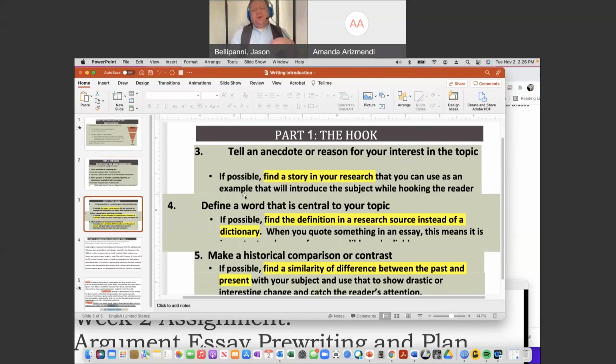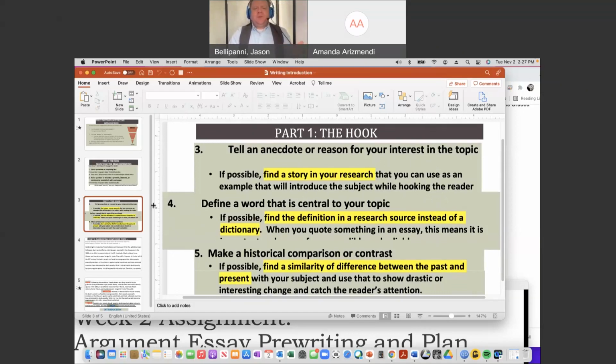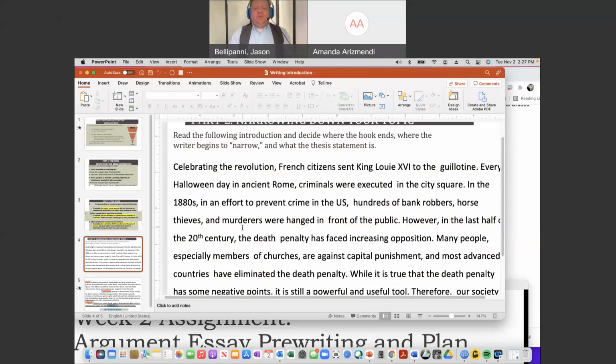You could define a term, like a specific word or series of words that will be important for the rest. Historical comparisons are good. Things used to be this way and now they're this way. Again, these hooks are for all types of essays, not just this type, but you want to find something and use one of those things.